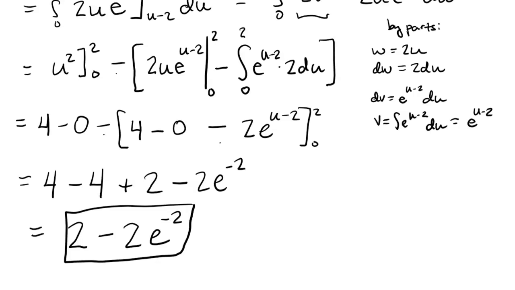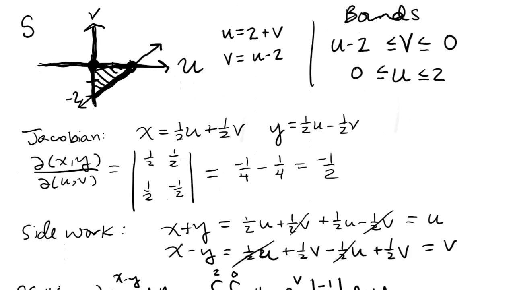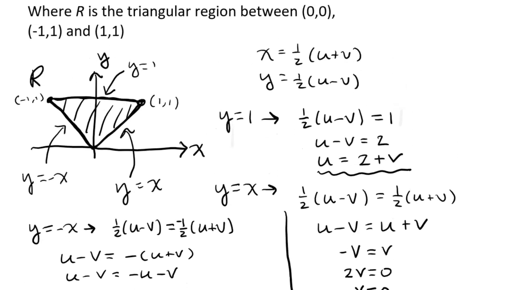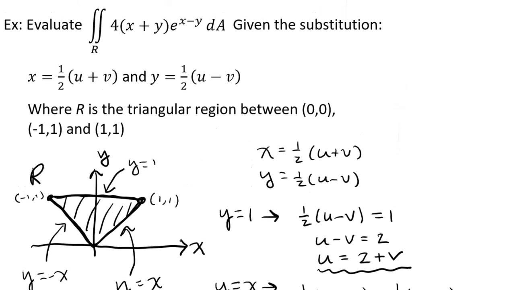So this was an example where our region wasn't necessarily super complicated in the beginning. If we scroll back up to look at it, we probably would have chosen to do a dx dy integral, kind of go from those two x curves and then let y be numeric bounds. But doing this substitution in this example very much simplified the integrand.